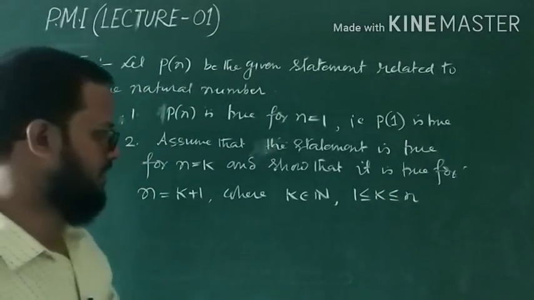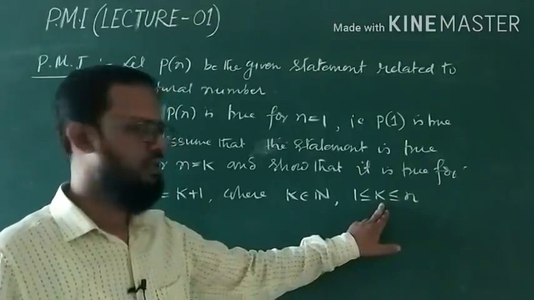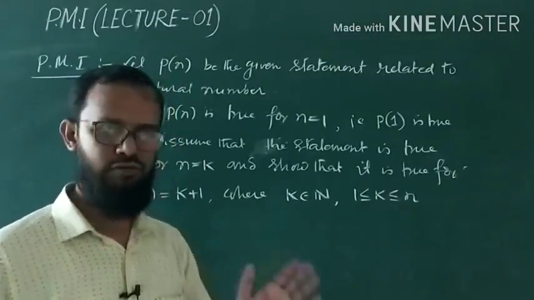That means k is a particular natural number which may be 1, may be n, and in between it can be anything.